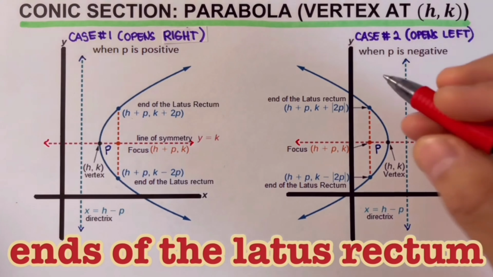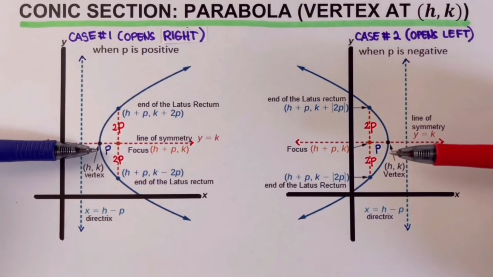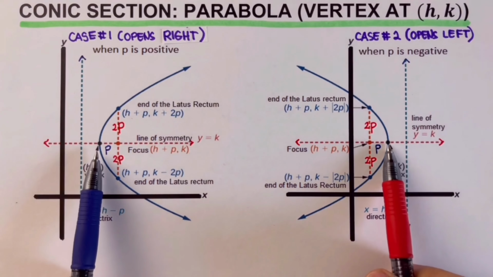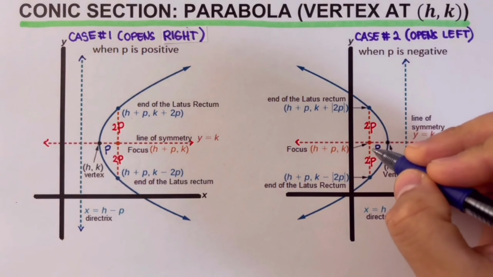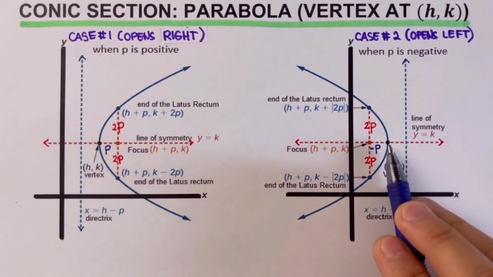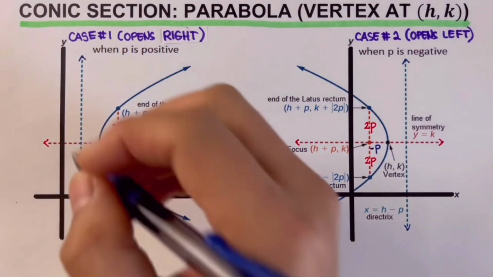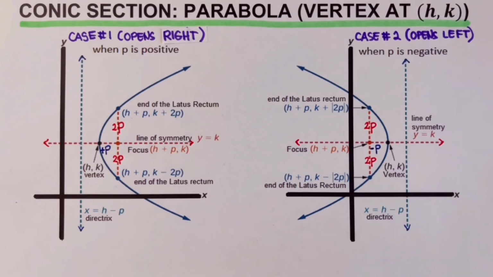So I'm going to go ahead and write that up here. We also remember that this value of p, from the vertex to the focus, will be negative here because it's going to the left. While on the other one right here, the value of p is positive because it's going to the right.